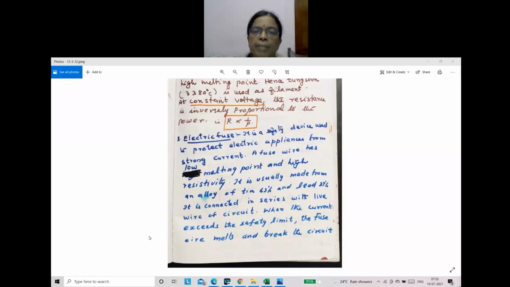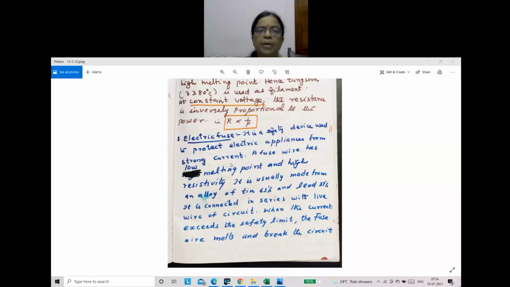Yes, correct. It is a safety device. When very high current, more than 230 volt comes, it breaks the circuit. That material will melt and break the circuit. Correct answer. So it is the safety device used to protect electrical appliances from strong current.